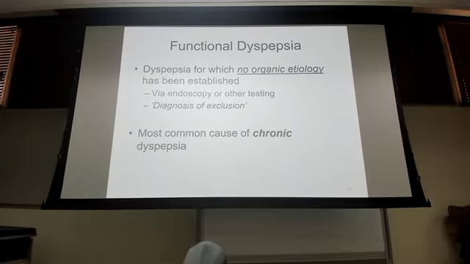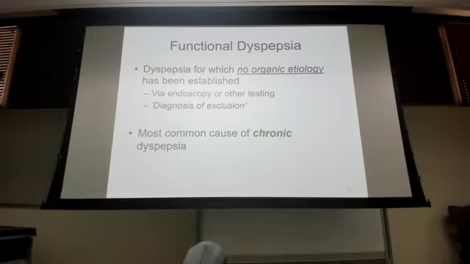Functional dyspepsia, most common chronic cause. Know that. So here you have symptoms without a structural disease. You do a full workup, and you've got normal labs. You've got normal endoscopy, and we're going to talk about an endoscopic exam in the next few slides.